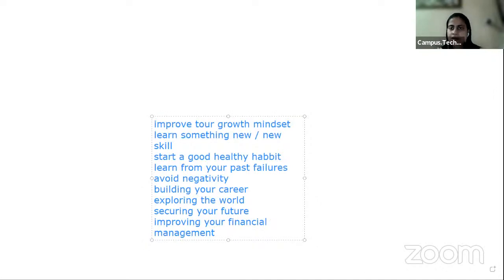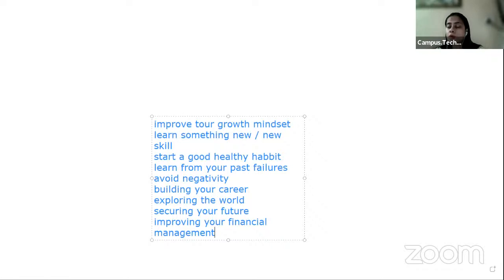Now, when we have so many different goals on the list, do you think working on all those goals all together is possible? No. You should always select one goal and start working on that. When that becomes your habit, when you think that yes, you have achieved that thing in life, then move your focus to the next goal.